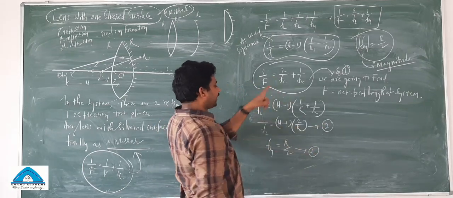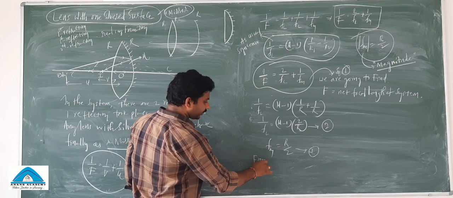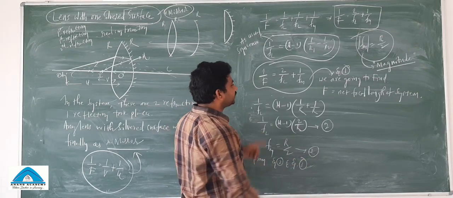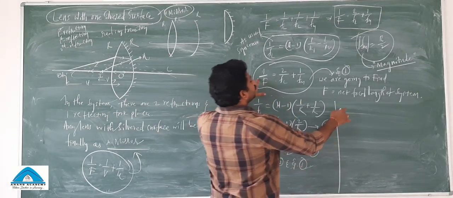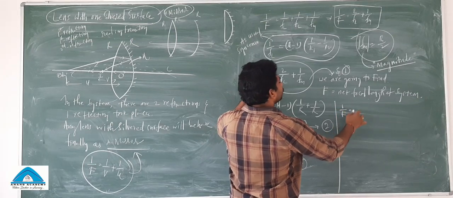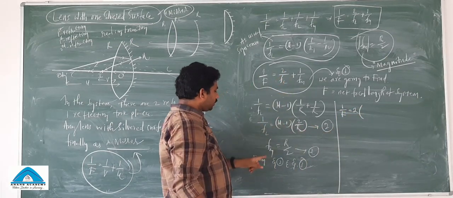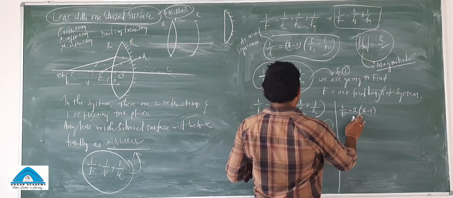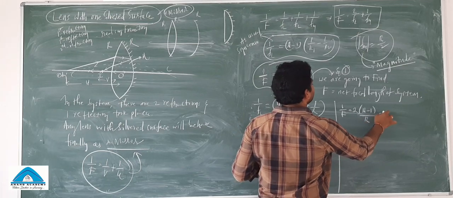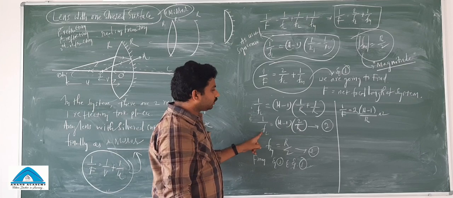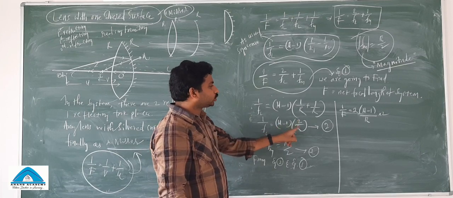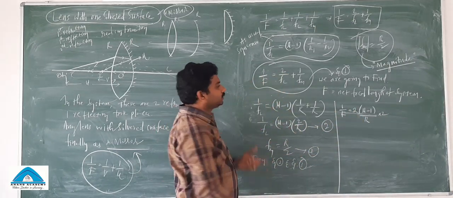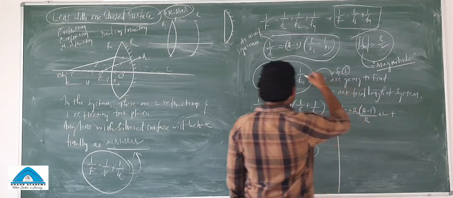Equations 2 and 3, you just substitute in 1. From equation 2 and equation 3, what happens here? 1 by F is equal to 2 into 1 by FL. So what is the 1 by FL formula? Mu minus 1 divided by R into 2 here. So 1 by FL is equal to mu minus 1 into 2 by R. See, mu minus 1 into 2 by R, because in our formula 2 is there, so plus 1 by Fm.